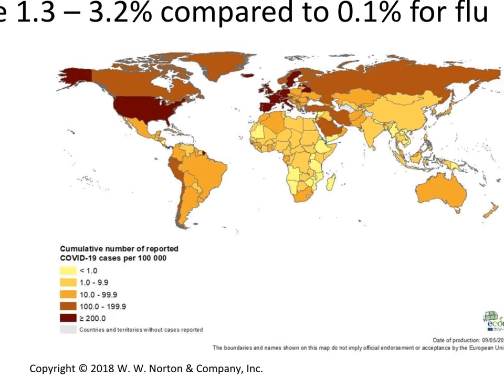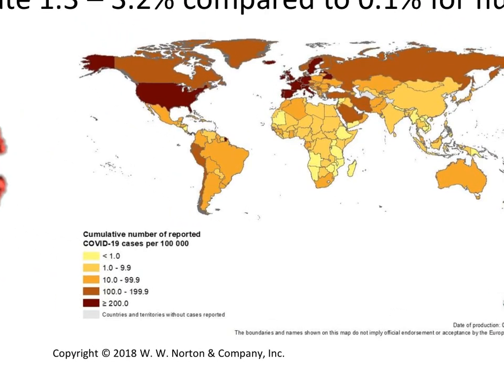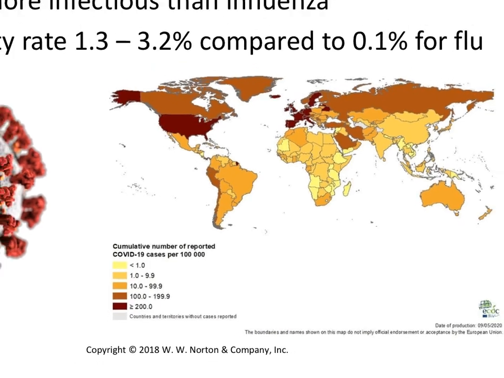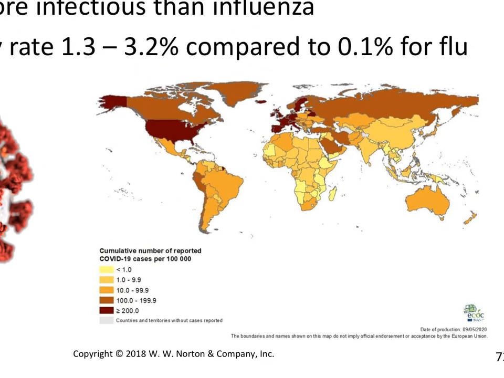It started in China. You can see where most of the cases are. Actually, most of the cases are now in North America and Europe, even though it started in China. But we actually think that perhaps China has been underreporting the cases, but we don't really know.